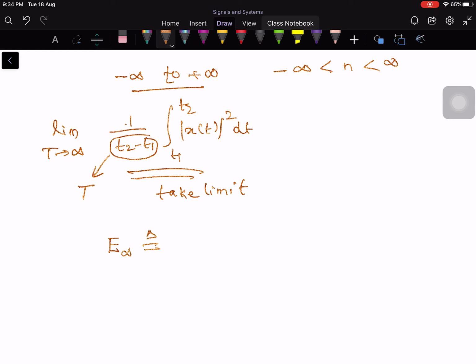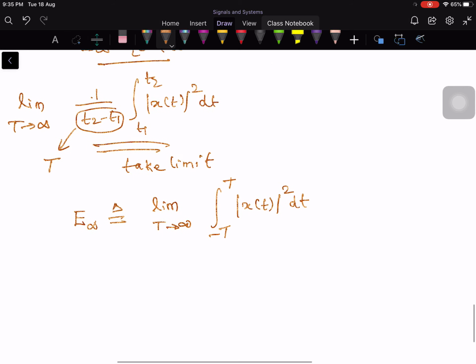It is defined with the same definition, but we are allowing the time interval to go to infinity. So integral from minus T to plus T, take modulus, square it and integrate. This is the definition of total energy over an infinite time interval. You can also write it as the integral from minus infinity to plus infinity of the magnitude squared times dt.